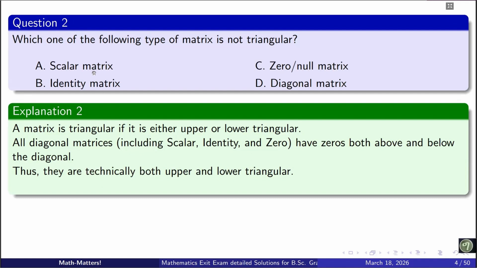That means the scalar matrix, identity matrix, diagonal matrix, and zero matrix are both upper and lower triangular matrices.